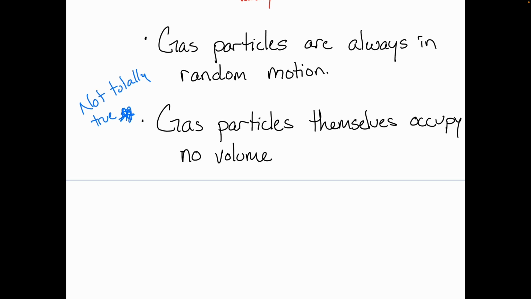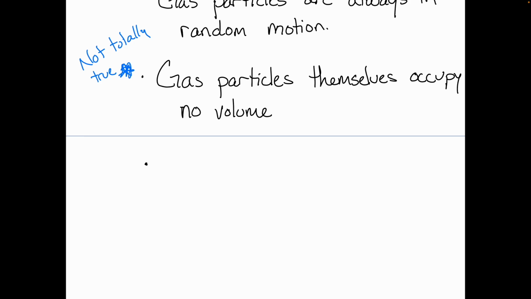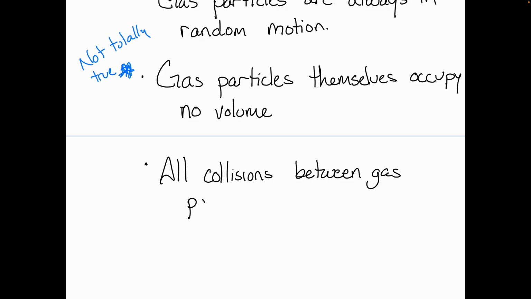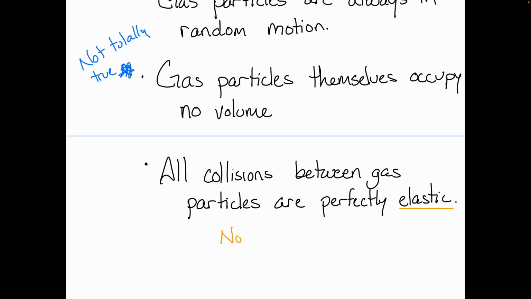All right. The next one is that all collisions between gas particles are perfectly elastic. This term elastic has a very specific meaning in physics. It means that no kinetic energy is lost.